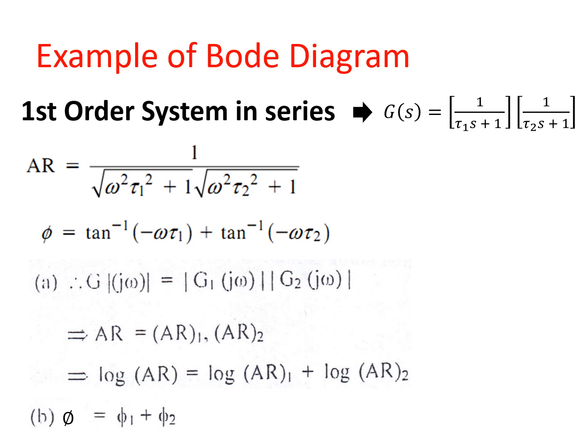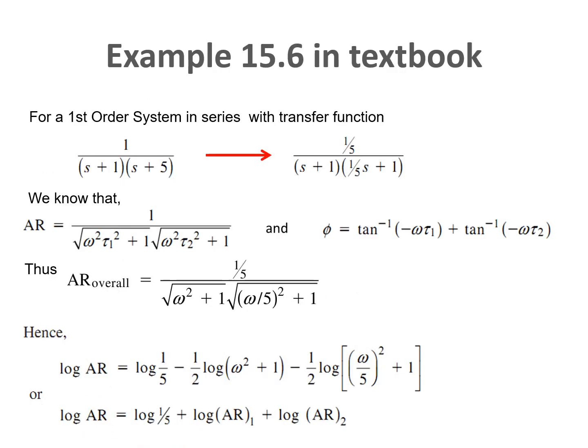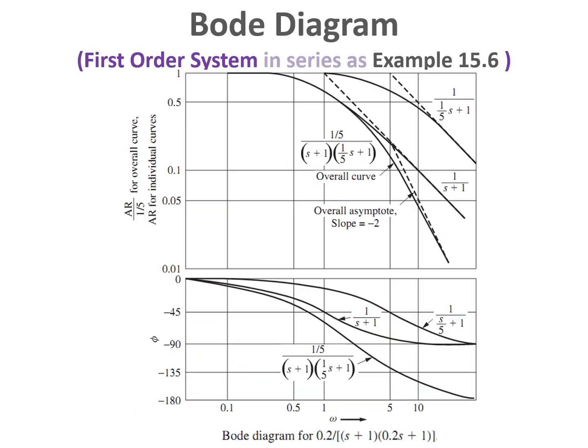For systems in series, we just multiply, and when we take the log, it is the addition of the different individual amplitude ratios and the addition of the different phase lags. And we can see this in the example here from the book.